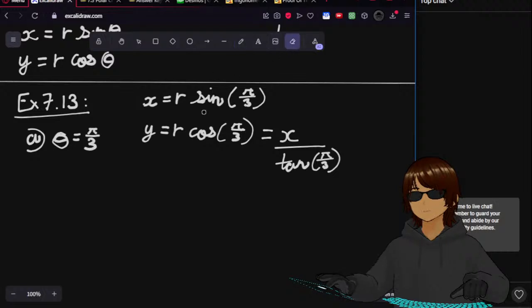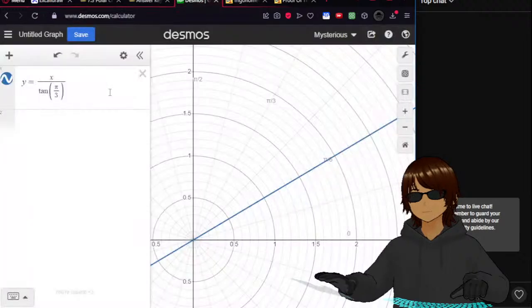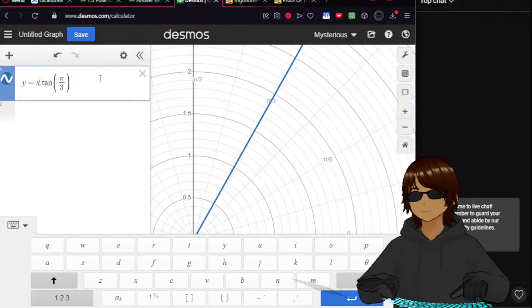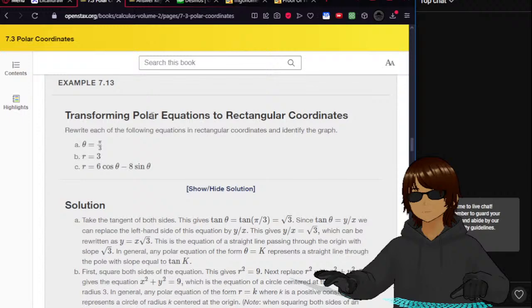Yeah. 9 makes sense. Now we do r is equal to 3.